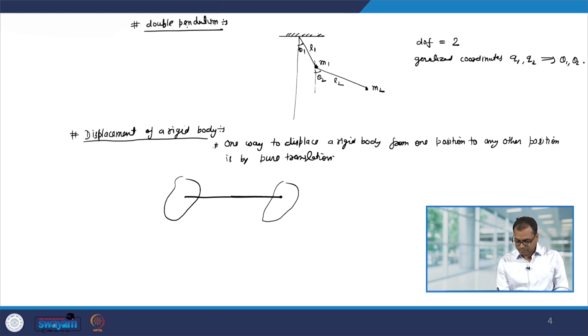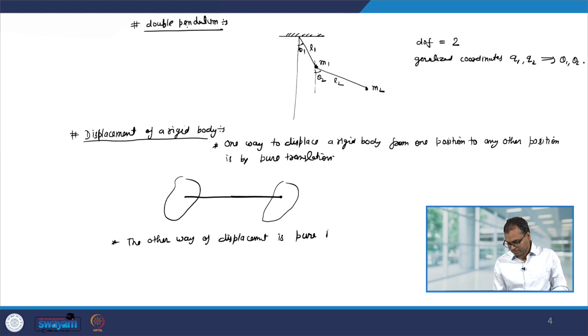The other way of displacement is by pure rotation. So, again you have a rigid body and let us say you fix some axis on it and then you rotate the rigid body about that fixed axis.